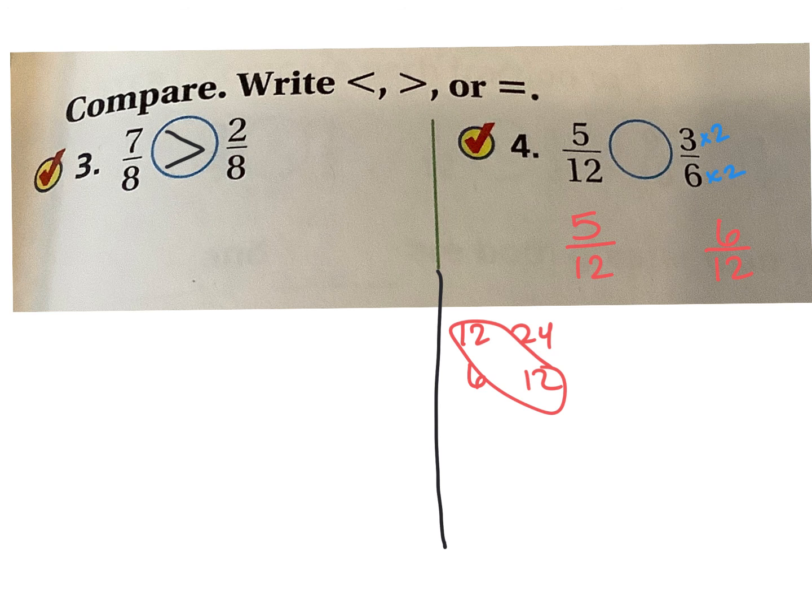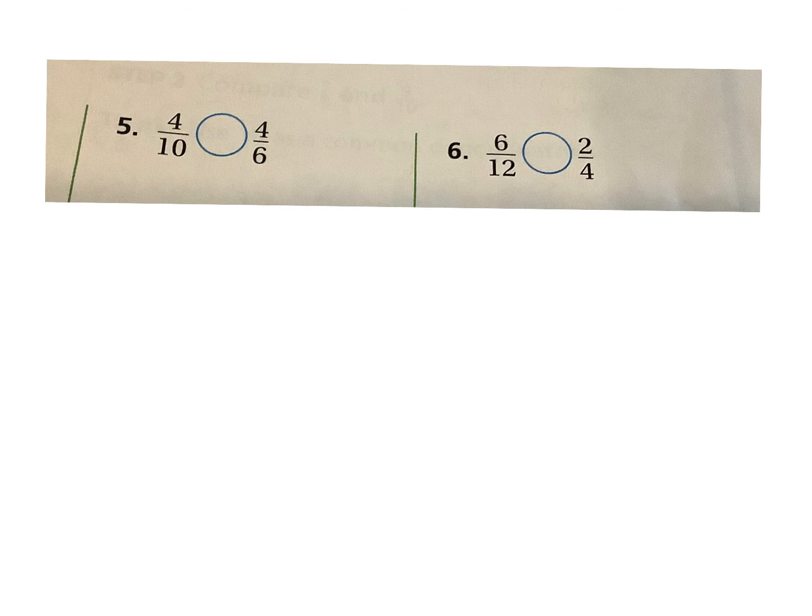And now that these two fractions have the same denominator, that they are cut up in the same way, then I can compare my numerators. If you get 5 out of the 12 pieces and you get 6 out of the 12 pieces, this one's more. 6 is more than 5. So that is the correct answer there.